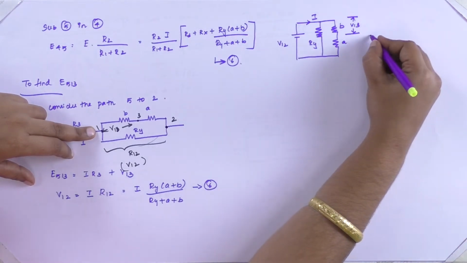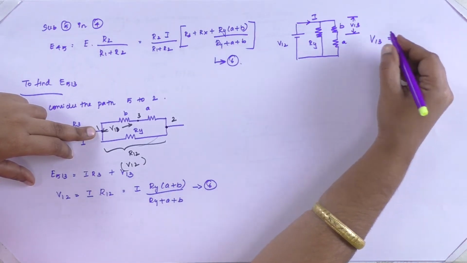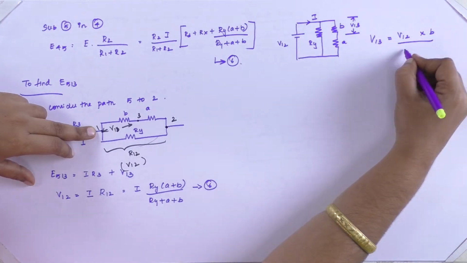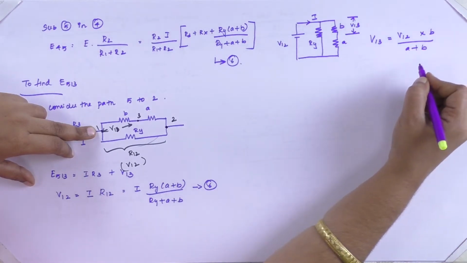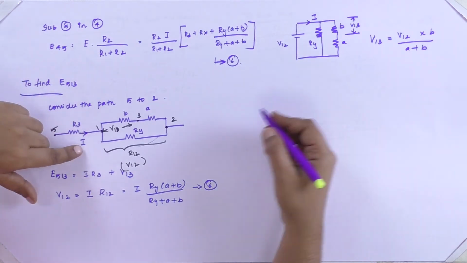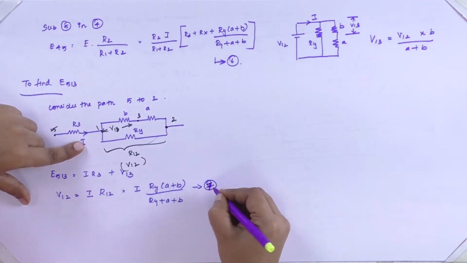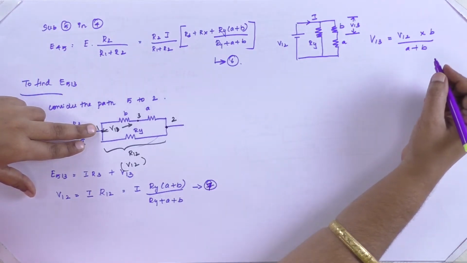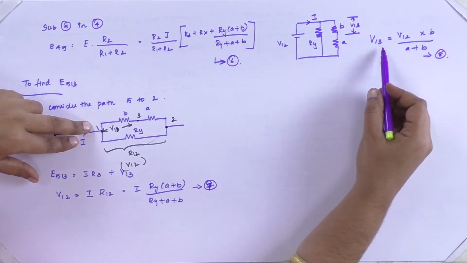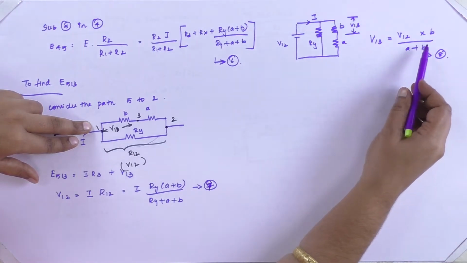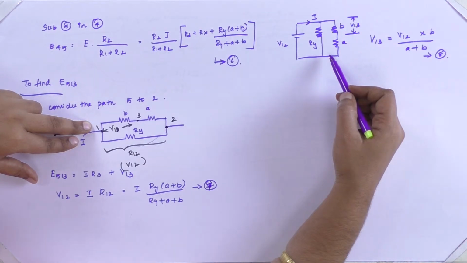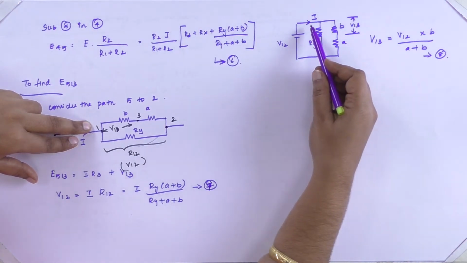By applying voltage division, V13 will be equal to the total voltage into the resistance B divided by the sum of resistances. Let me take this as equation number 7, and this is equation number 8. So, V13 is equal to V12 into B divided by A plus B, by applying the voltage division technique to this circuit.